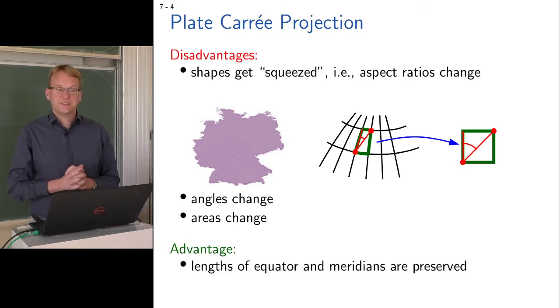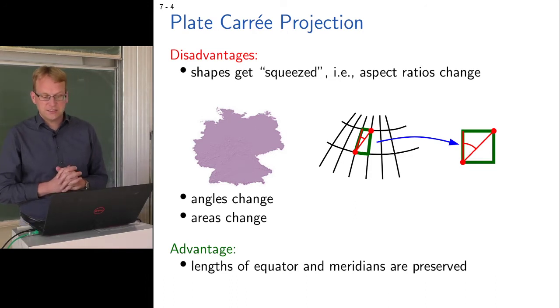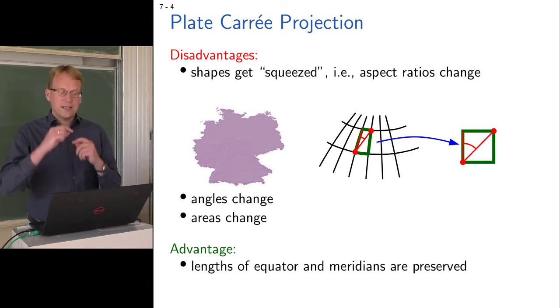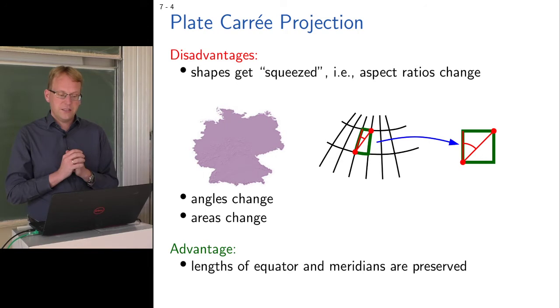An advantage of this simple map projection is, of course, first of all, its simplicity. Simplicity is always a nice feature, but an advantage is also that the length of the equator is preserved and the length of every meridian is preserved.